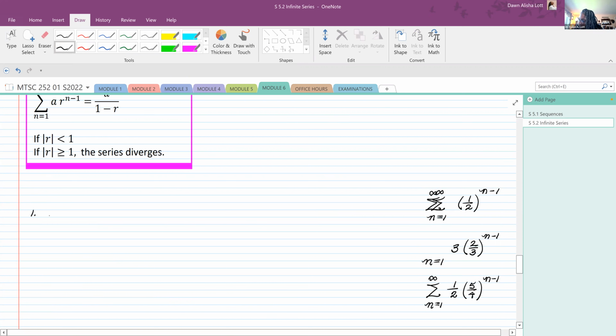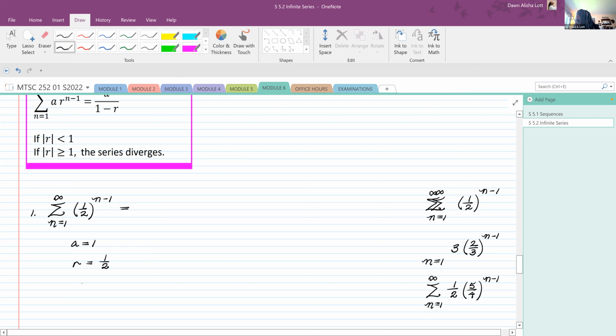we had the sum n equals 1 to infinity of 1/2 to the n minus 1. So as we can see, the absolute value of a half is less than 1. So this is going to be A. A is 1 here. So A is 1. R is 1/2.